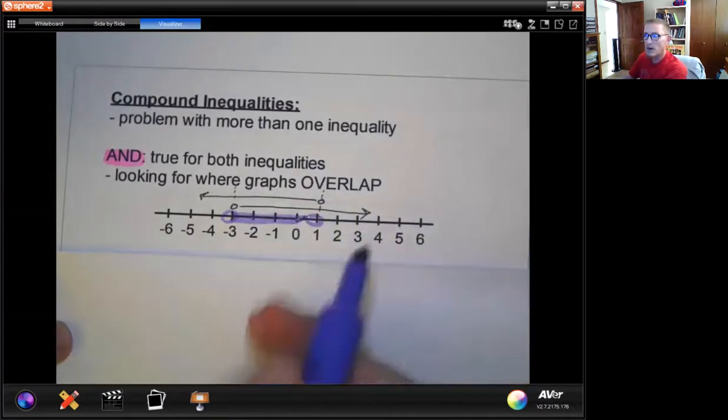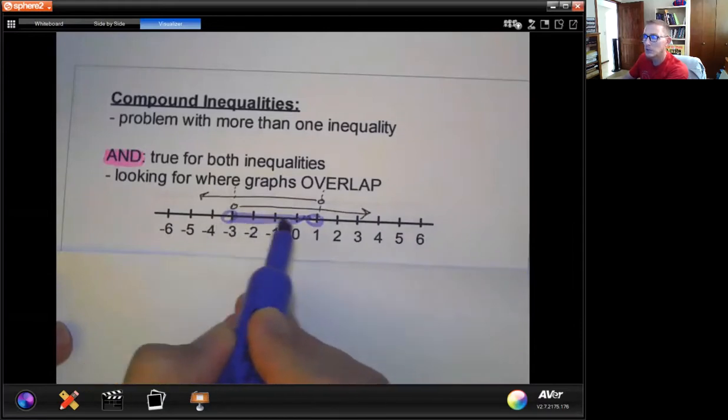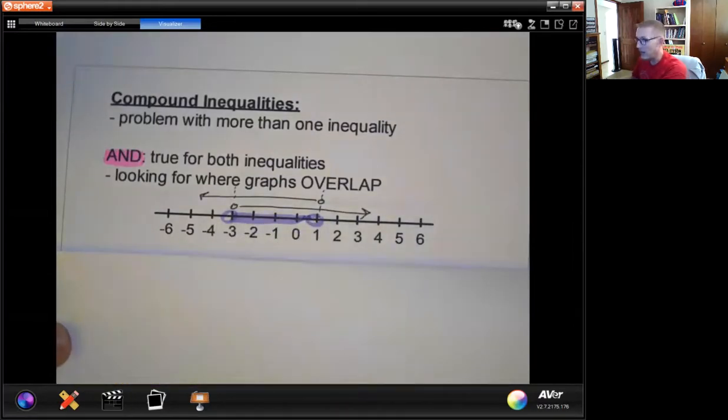So that right there in the purple, that would be the answer for that particular and. All right, because that is where the two graphs overlap. And when we start doing some examples, it'll make a little bit more sense for you.